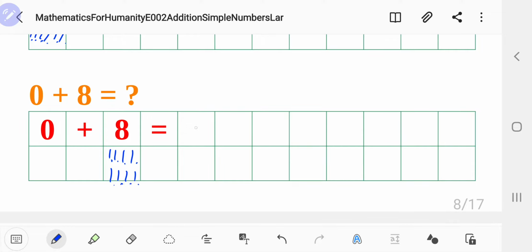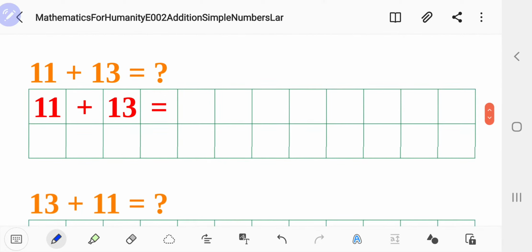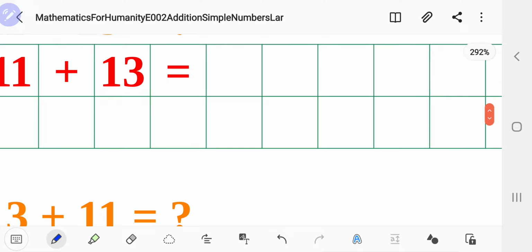So the answer for this is 8. As I've said, if you add 0 to a number, that gives you the same number. Now let's go to the next one. How about this? You have 11 plus 13. Let's do this.